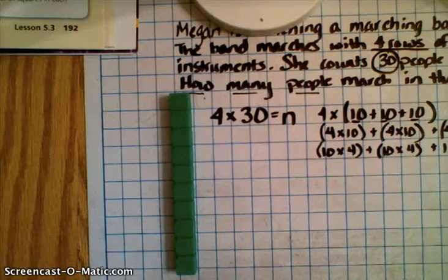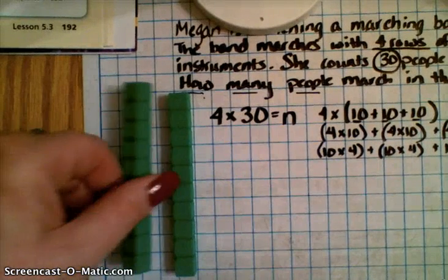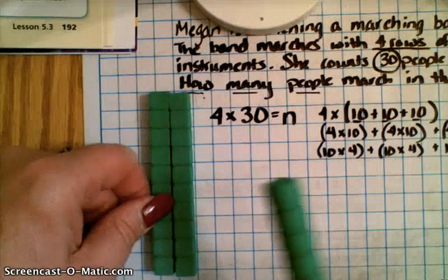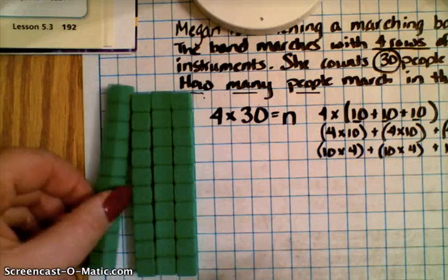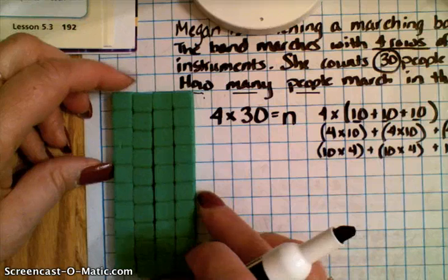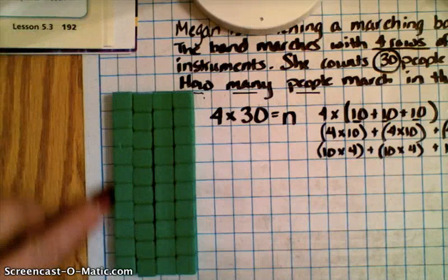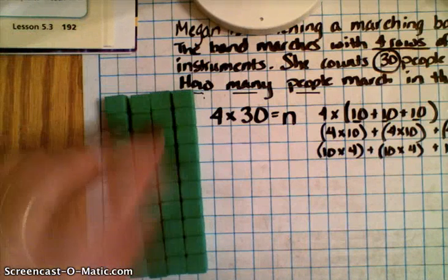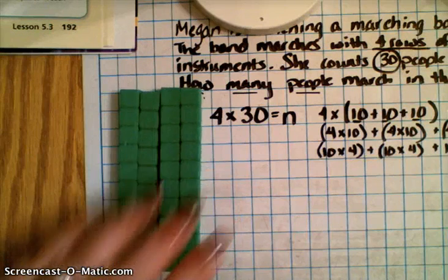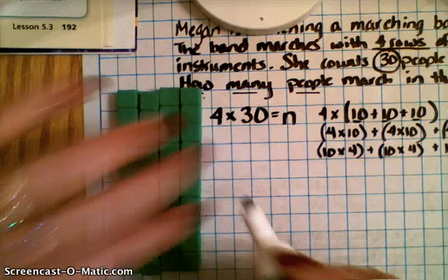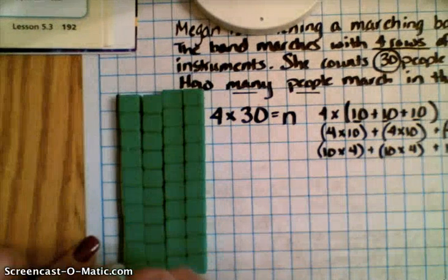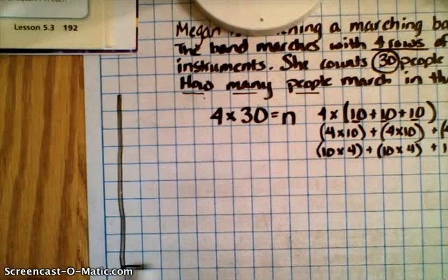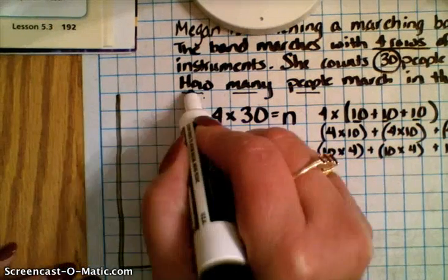Okay, and I'm going to do 4 of these, like this. This is 10 rows of 4. And 10 rows of 4, if I trace this area model, that's what 10 rows of 4 looks like.